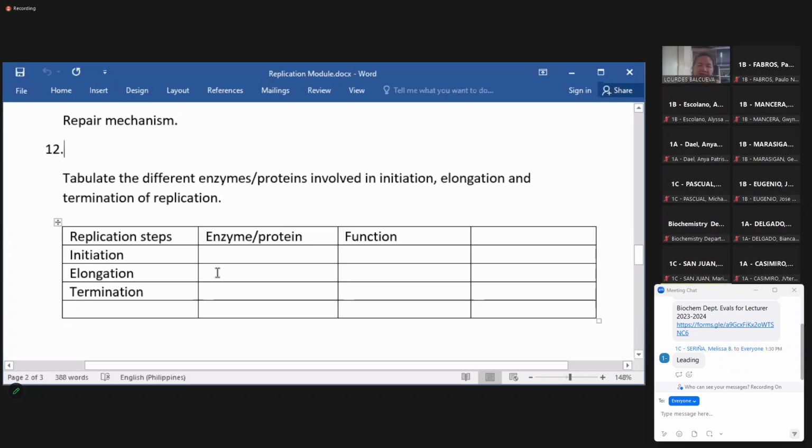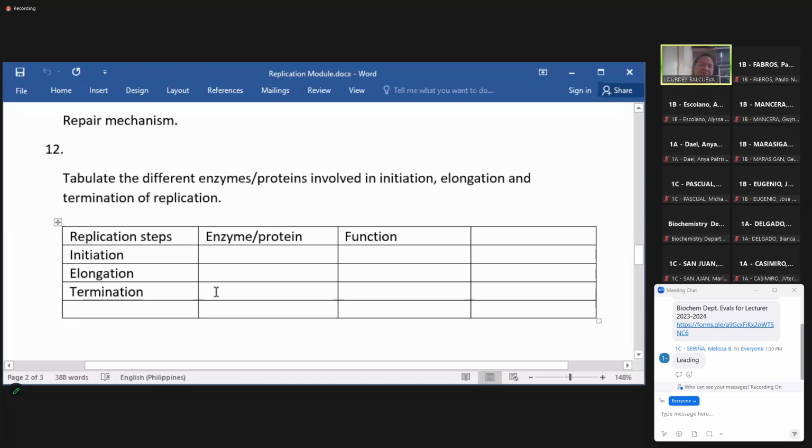Sliding clamps po. Yes, sliding clamp or the PCNA, right? Ano pa? What is needed for the sliding clamp to bind with a strand? RFC po. RFC. Okay.